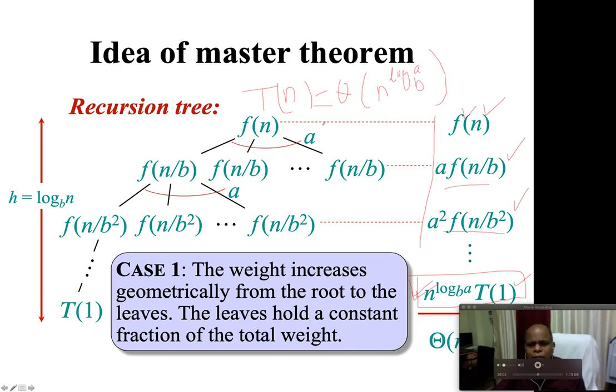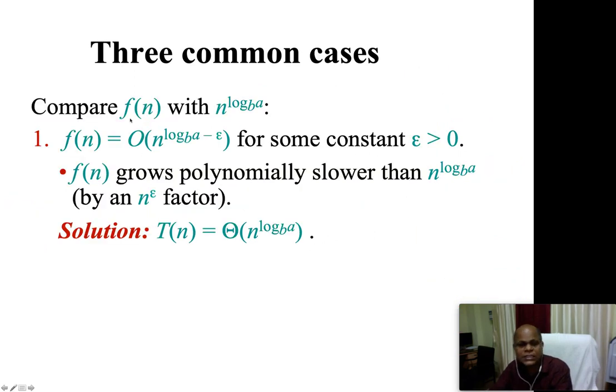Because the growth of these internal nodes is less as compared to the leaf nodes, even if taken together they hold a constant fraction of the total weight of the leaf nodes. Hence, in case 1, if this is satisfied, then T(n) will be theta of n to the power log a base b.